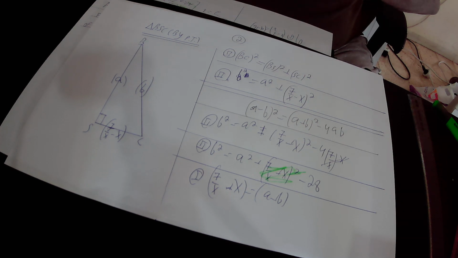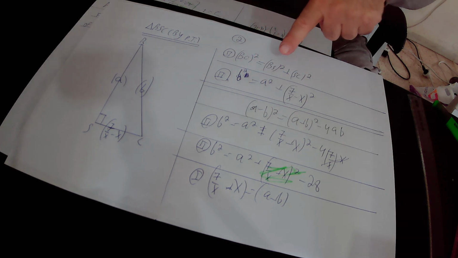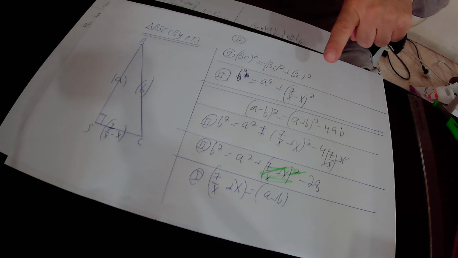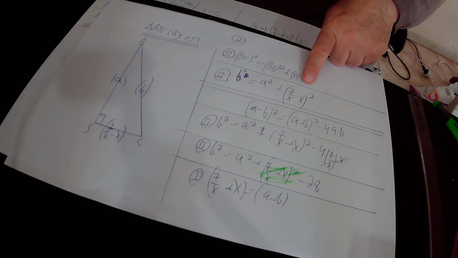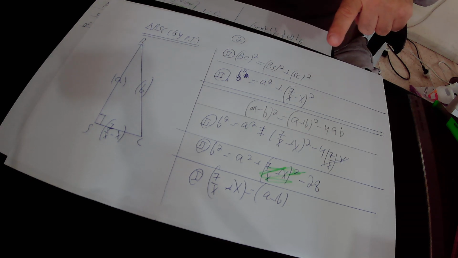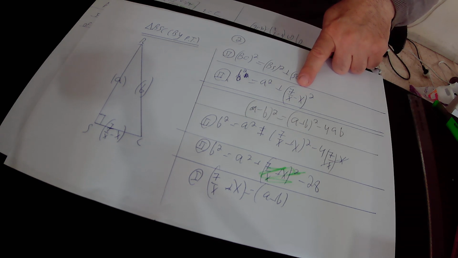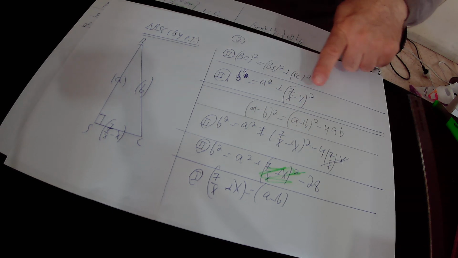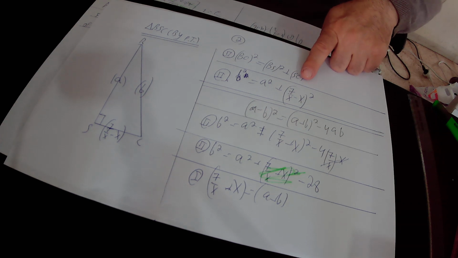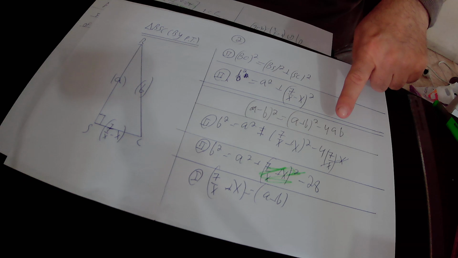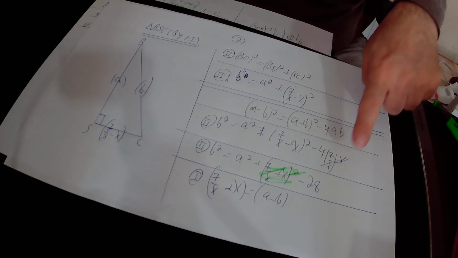If we substitute a by 7 over x and b by x, we get that (7 over x minus x) squared equals (7 over x plus x) squared minus 4 times 7 over x times x.